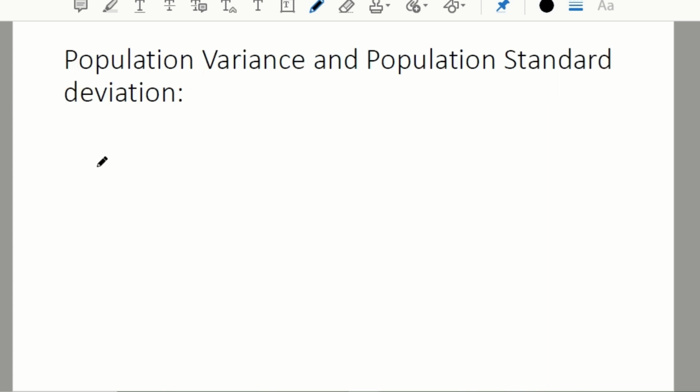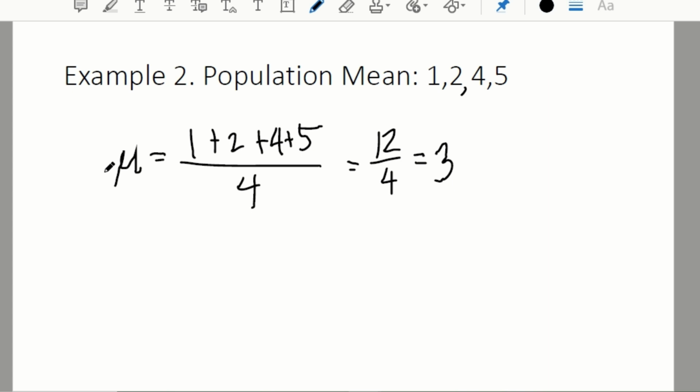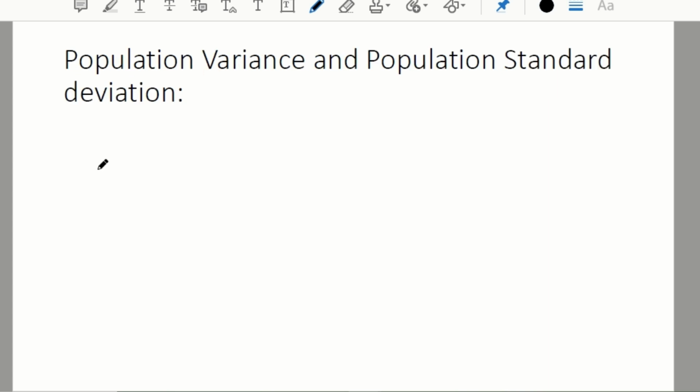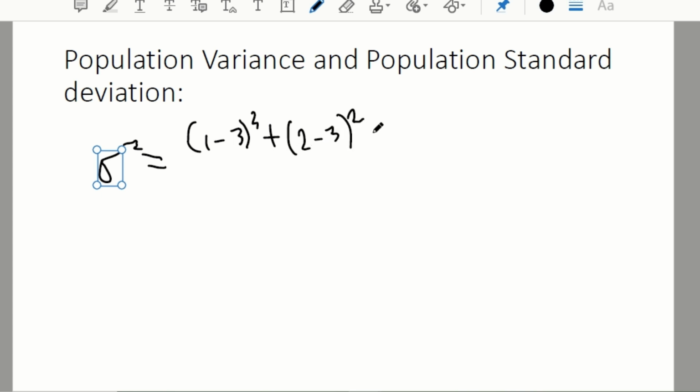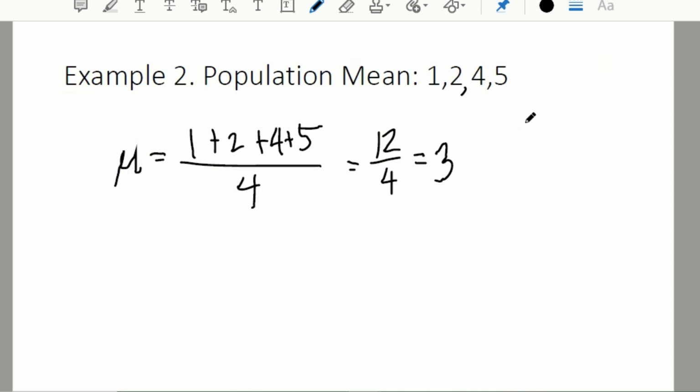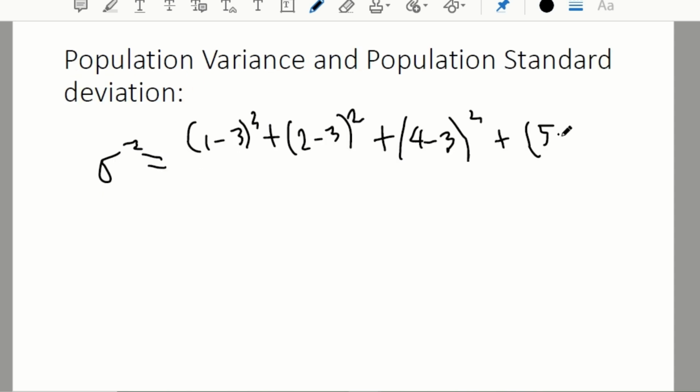Next, the population variance. So we have the data 1, 2, 4, 5, and the mean is 3. So we have 1 minus 3 squared, plus 2 minus 3 squared, plus 4 minus 3 squared, plus 5 minus 3 squared, divided by 4.